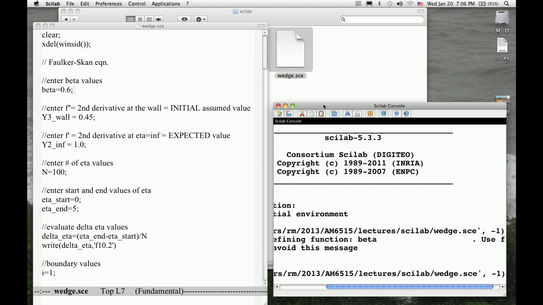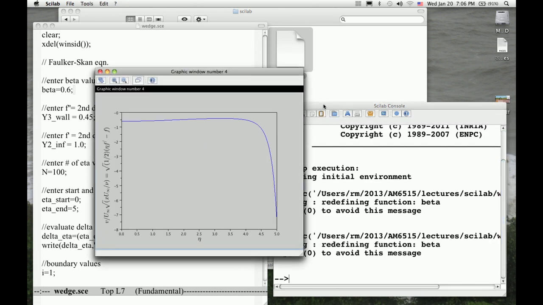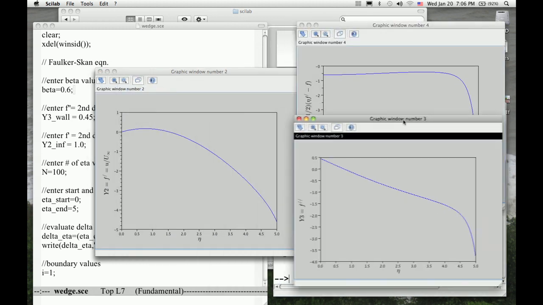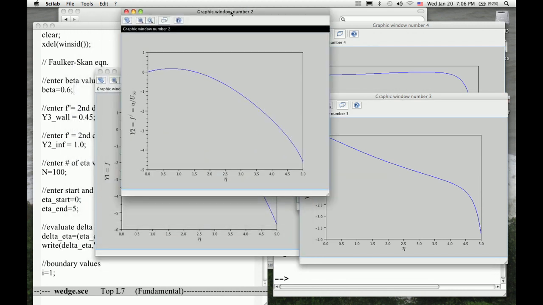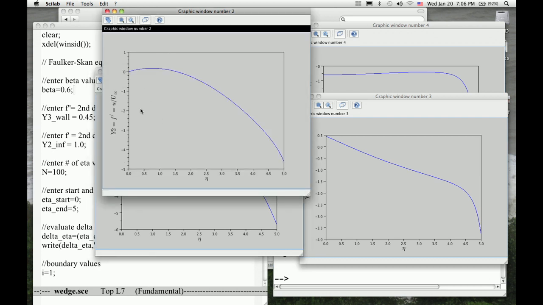So let's see, if I were to run this, what do I get? Okay, now we get all these values. Let me look at this one, because this is of most interest to me, because this is basically u by u infinity, right?